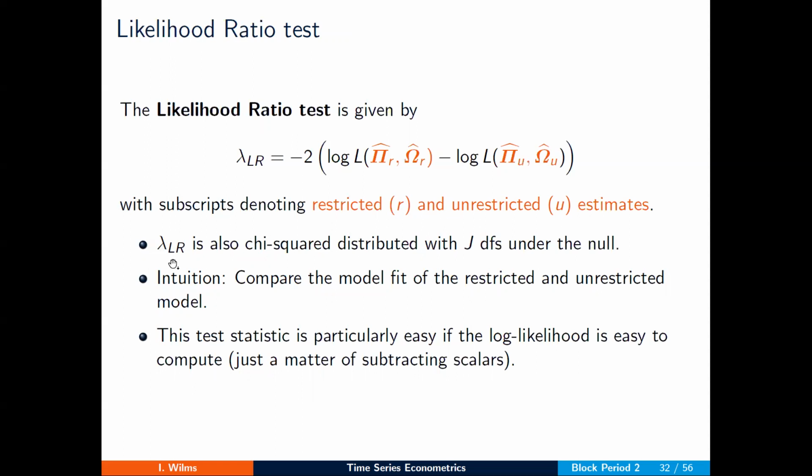Again, the statistic is asymptotically chi-square distributed, and intuitively, when the log likelihood does not change much whether we impose the restrictions or not, so for small values of the test statistic, we can do almost equally well with the restrictions imposed. So then the restrictions would seem plausible and we would not reject the null for small values of the test statistic.